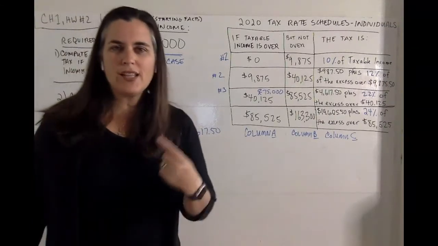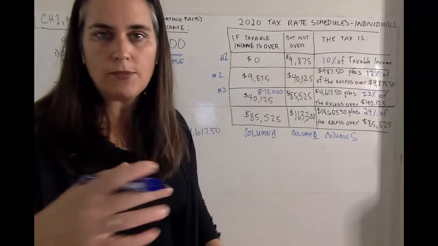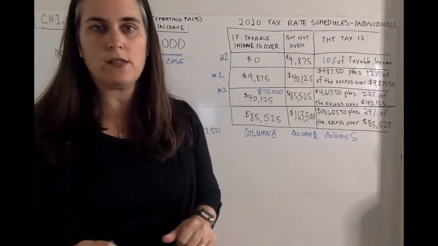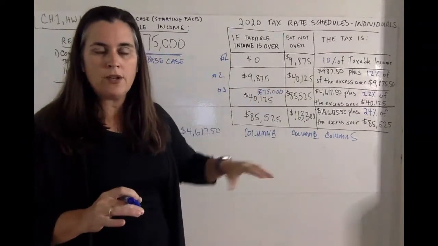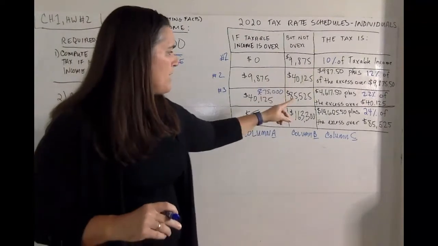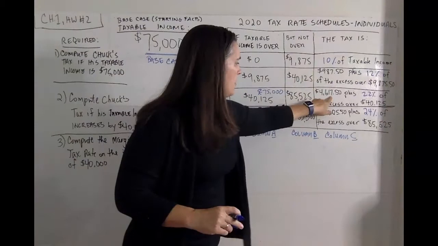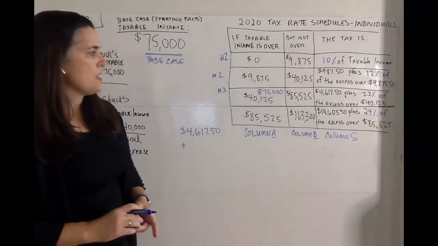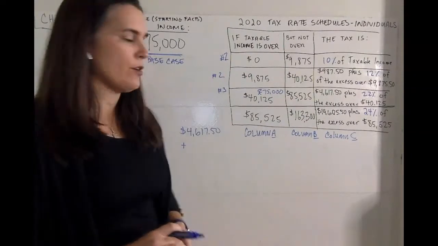You can see I'm looking back at the table while I'm talking. I'm doing a couple things at once, and I misread it. We want to take our time with this. Okay, take your time, pause it, read it carefully. Don't rush. Okay, $4,617.50 plus 22% of the excess over $40,125.